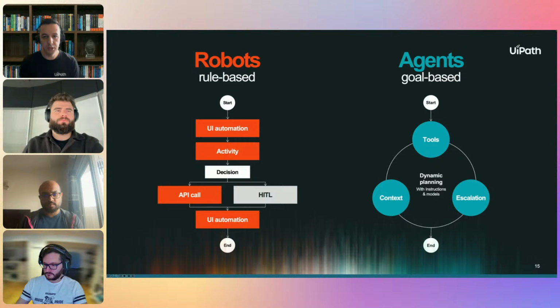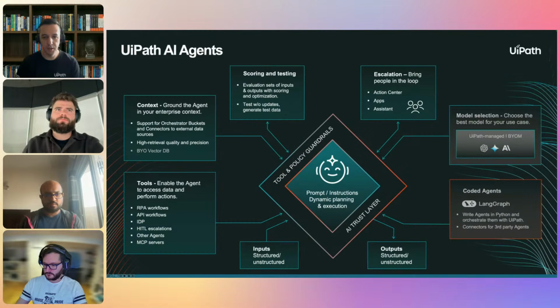But if we are to take a closer look into UiPath AI agents and see how they're structured, we can see that they have access to a variety of tools like RPA workflows, API workflows, even the likes of MCPs. They have contexts like enterprise grounded contexts within orchestrator buckets. They have external connectors. You can have vector DBs that they can access.